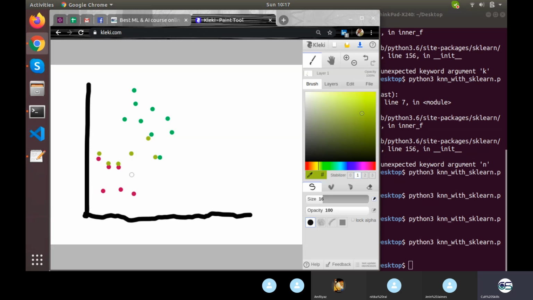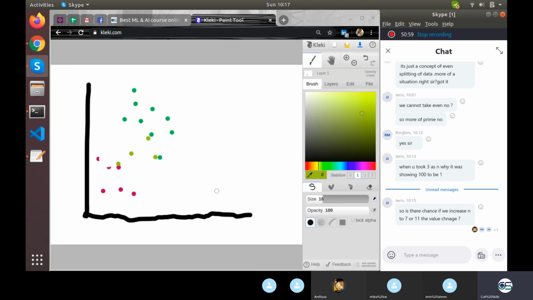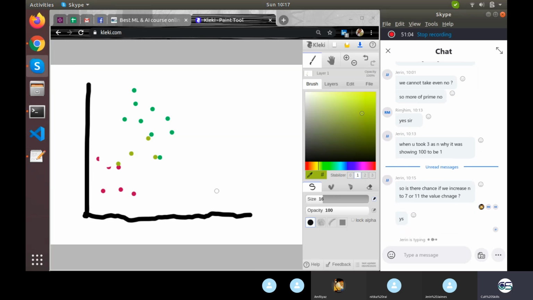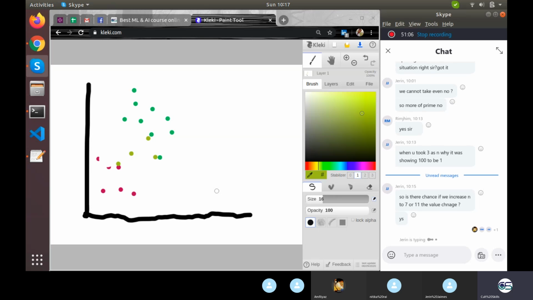But when I had taken 3 as the value of n neighbors, then this distance and this distance were not countable. Is it clear, Jaren? Any doubt in this entire KNN, k nearest neighbor?